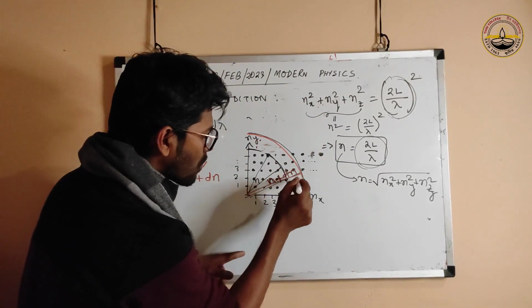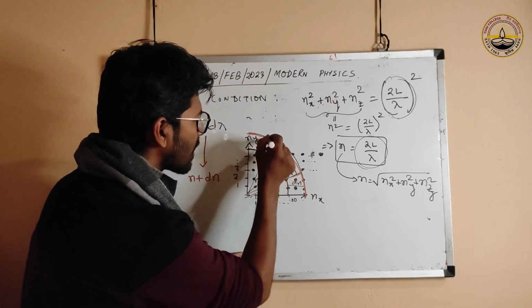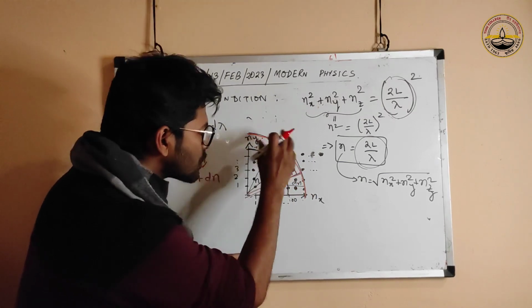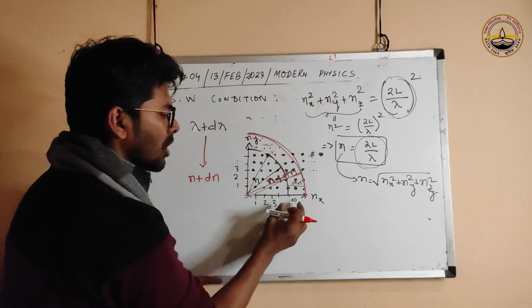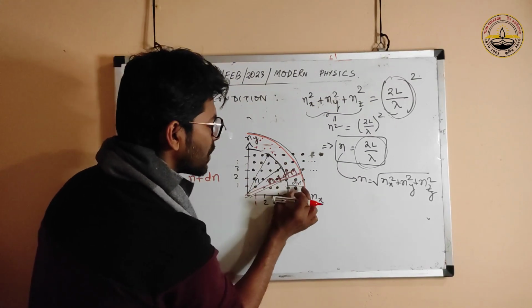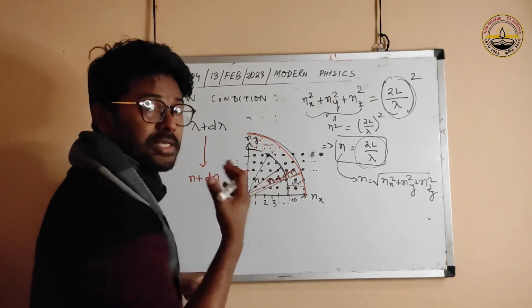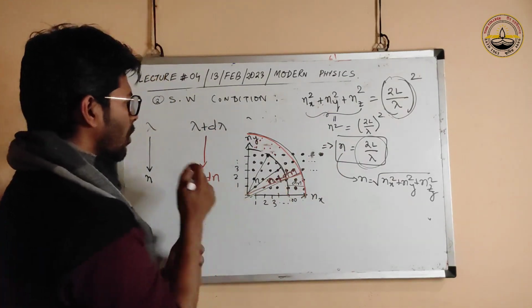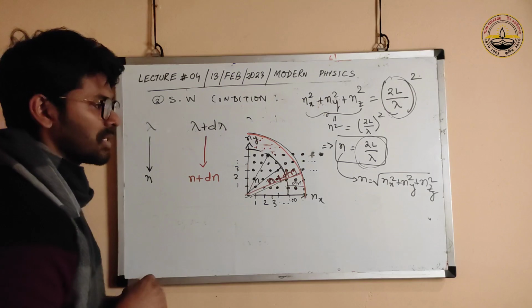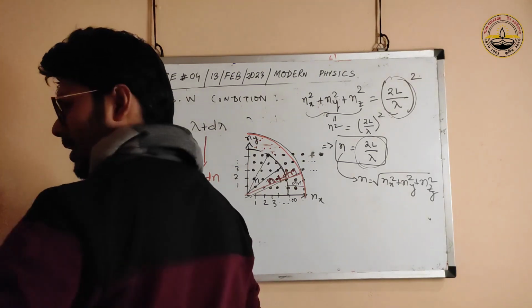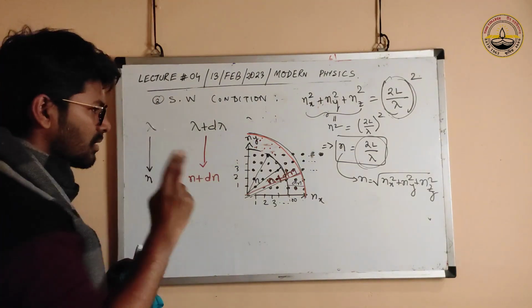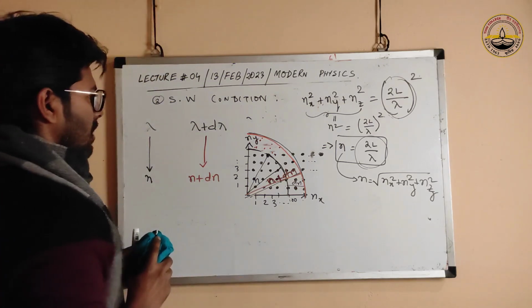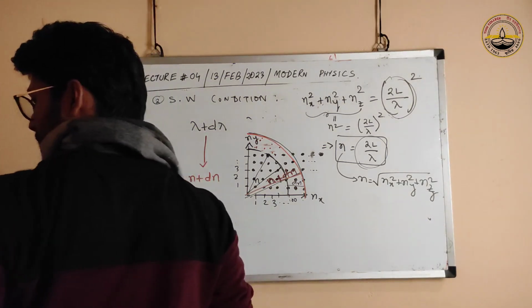So we need to count the number of these points, and once we do this counting of the number of points within these two circles, we are done. We have already counted the number of waves that fall within the range lambda and lambda plus d lambda. Okay? Now, here comes an approximation.